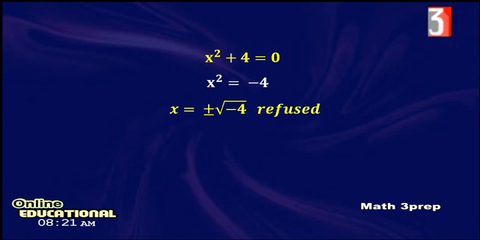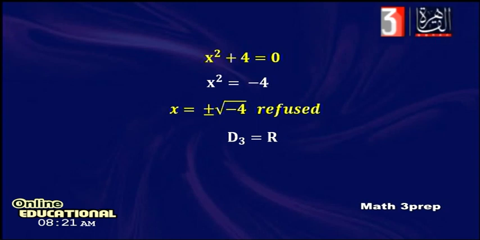So x equals plus or minus the square root of negative 4, which is refused. Why? Because we cannot find a square root for a negative number. So in this case, we can say that domain number 3 will be the set of all real numbers. No values for x give a 0 denominator.